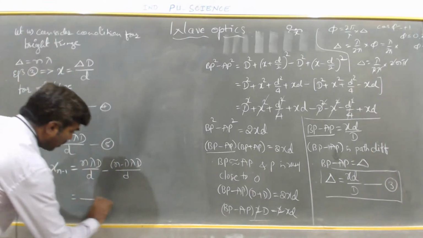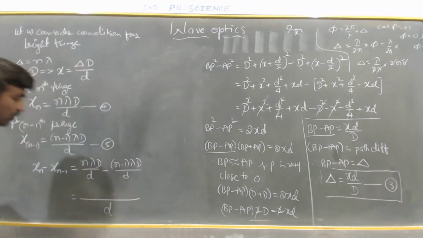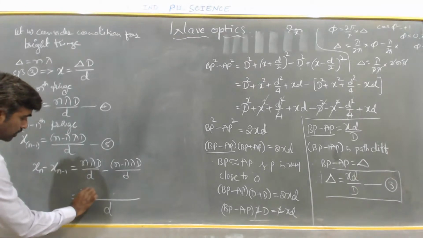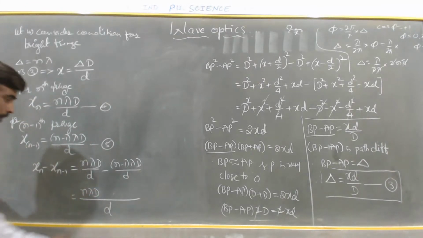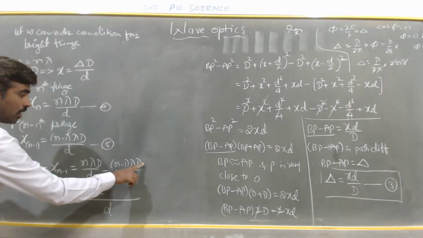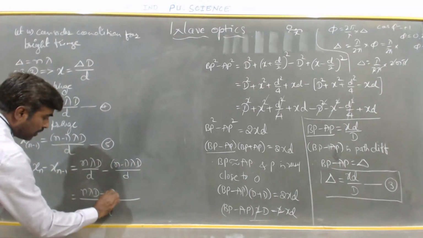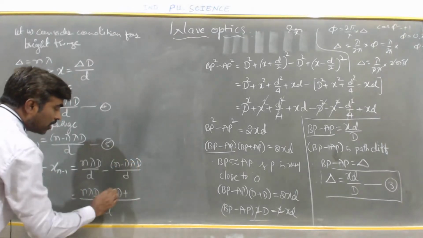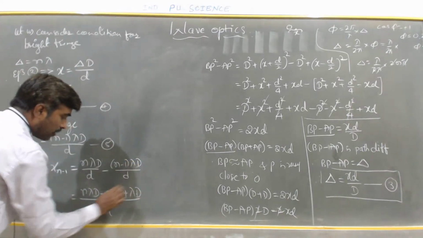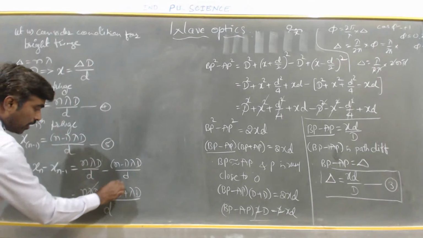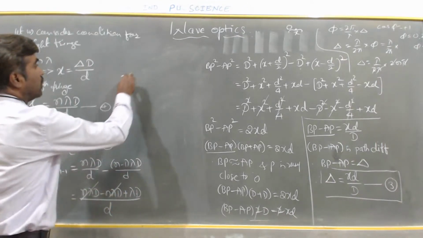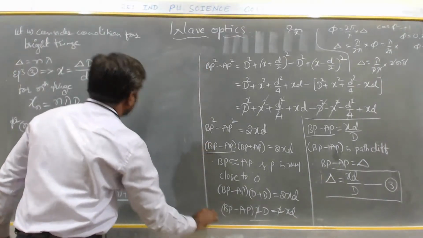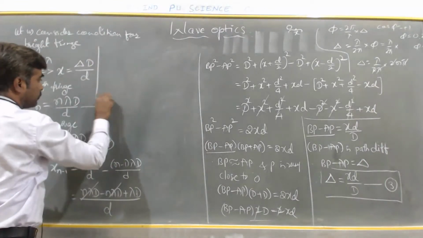Taking the LCM, it is d only, then n lambda D minus lambda D into n is n lambda D, minus into minus gives plus lambda D into 1 is lambda D. So plus n lambda D and minus n lambda D get cancelled. Hence, what do I get here?